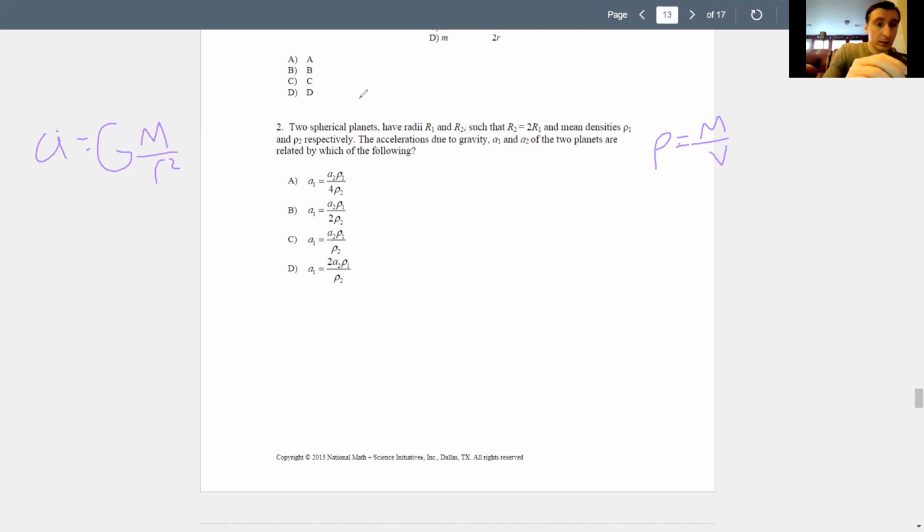So that's a, the acceleration due to gravity. What we're going to do is compare the densities and make an equation where the densities are involved. As you can see, there's no density in that equation, so we have to get it in there.